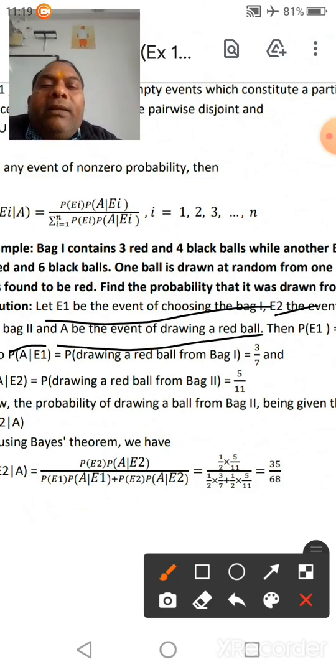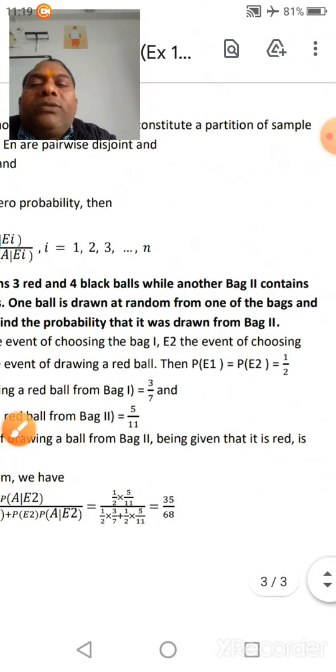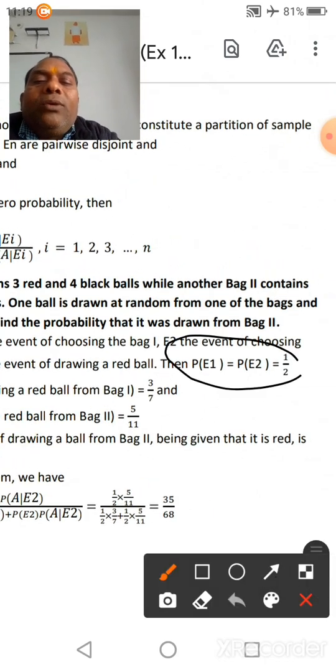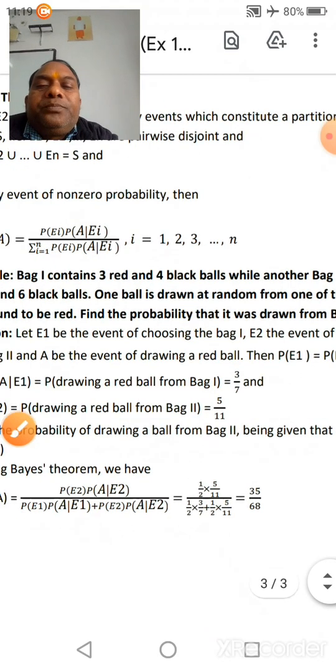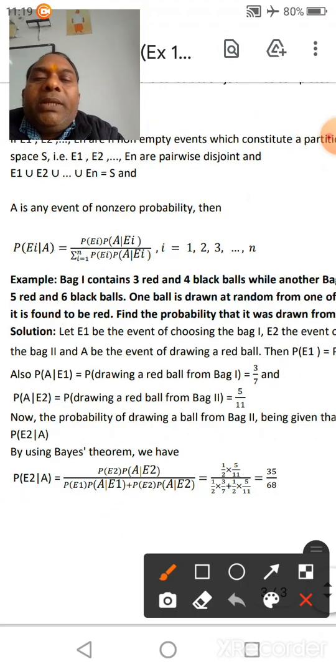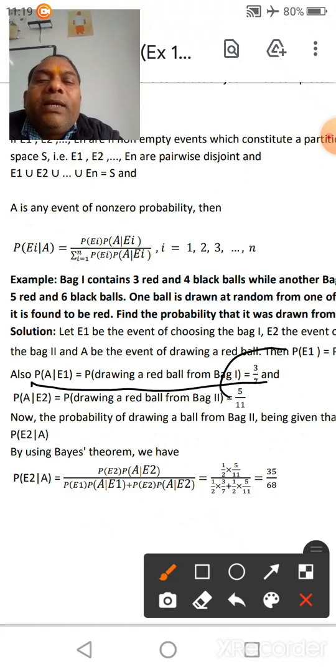Then P(E1) is equal to P(E2) is equal to 1 by 2, because there are two bags and we have to select one bag from two bags. So P(E1) will be 1 by 2 and P(E2) will also be 1 by 2. Now P(A|E1) means drawing a red ball from bag first, and P(A|E2) means drawing a red ball from bag second.